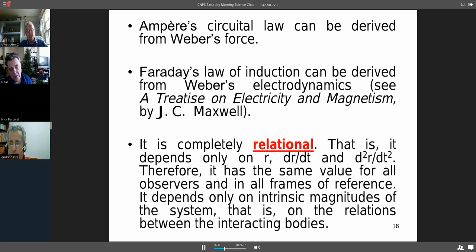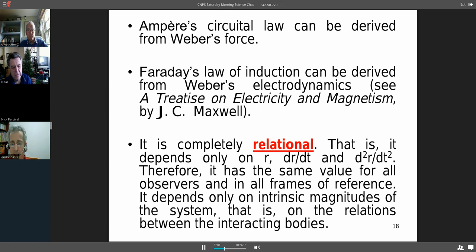Weber's force is completely relational. What I mean by that? It depends only on r, the distance between the two charges, relative velocity, dr by dt, and relative acceleration, the second derivative of r with respect to t. Therefore, it has the same value for all observers and in all frames of reference.